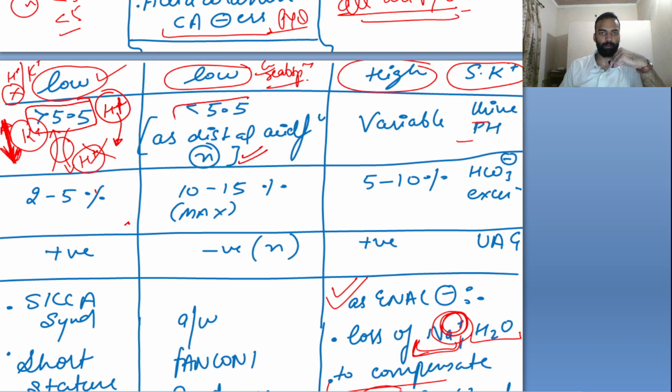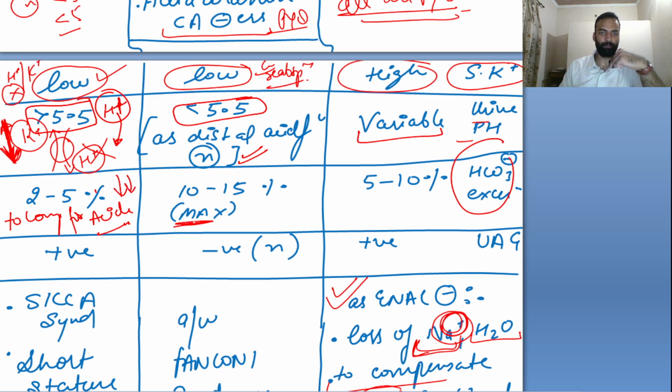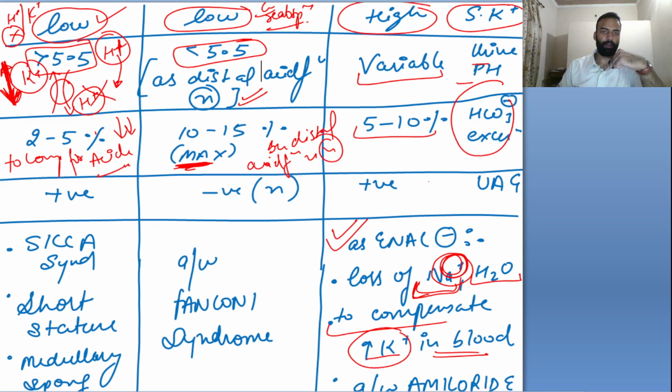So urine pH is less than 5.5, and here it is variable. For bicarbonate excretion, in type 1 to compensate for acidosis, bicarbonate excretion decreases, but in type 2 it is maximum, because distal acidification is normal. And here it is 5 to 10%. Urine ion gap is positive in type 1, positive in type 4, but negative in type 2, which is normal. This is also a PYQ point.